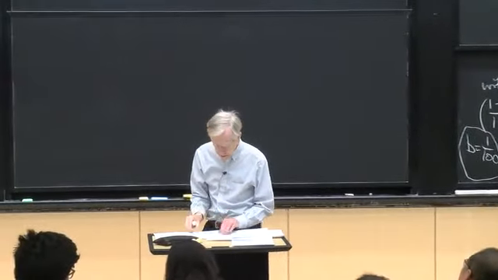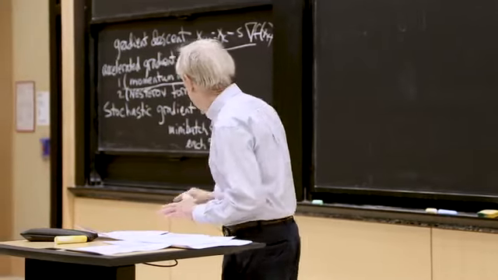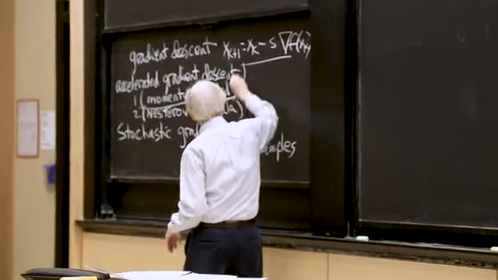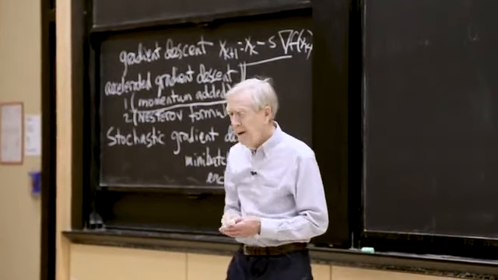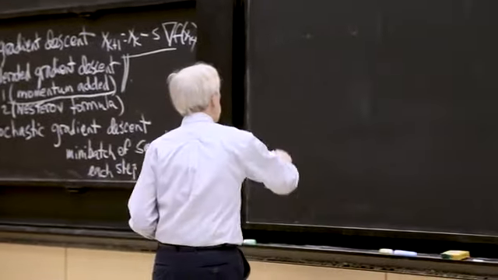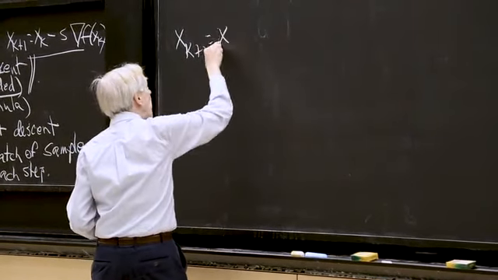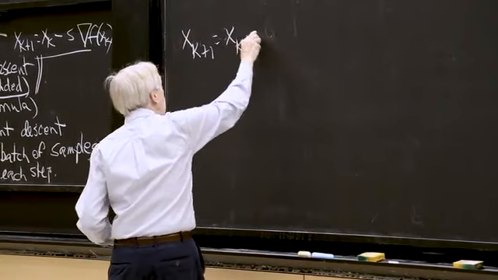Okay, now what does it involve? So I'll write down the expression for the stochastic. Here we go. Okay, so here's one way to see it. The new x is the old x minus the gradient.